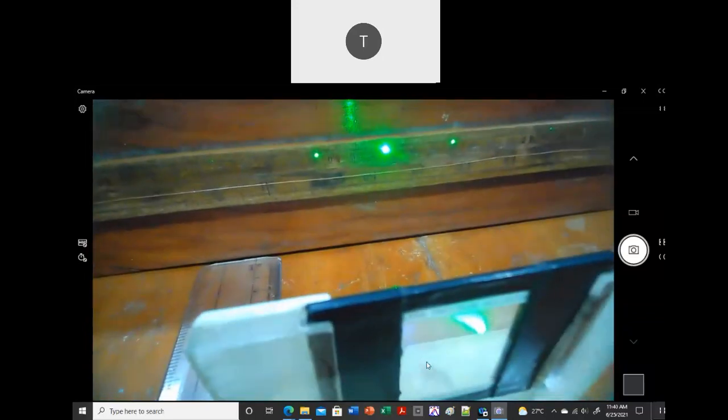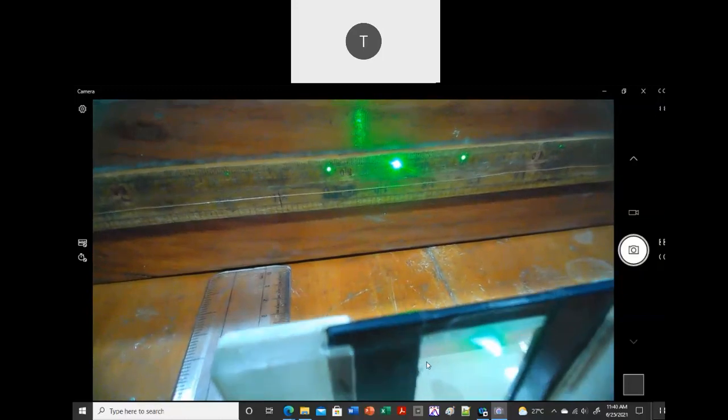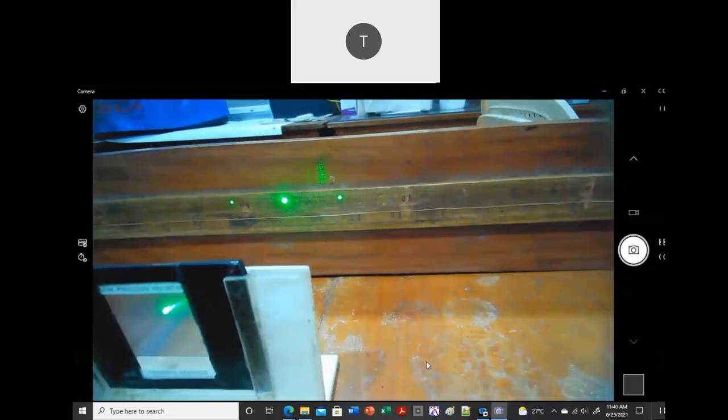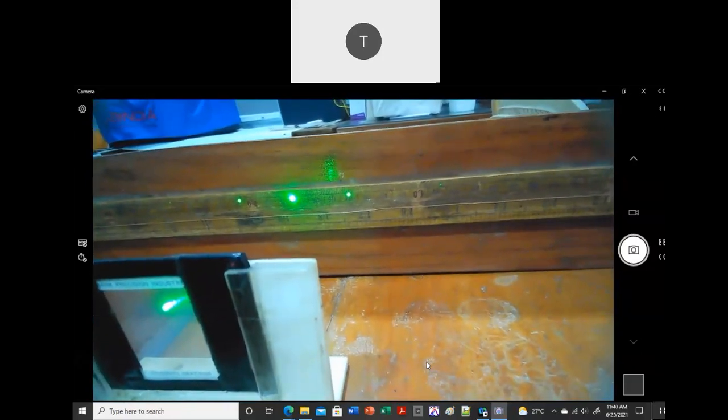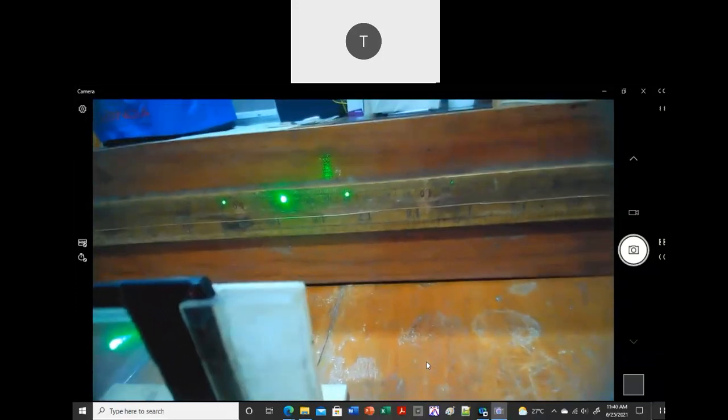The other one is slightly to the left, so 50.8 is on the left. And if you take the right one, you are not taking the mid spot but the right spot. This is somewhere around 45.